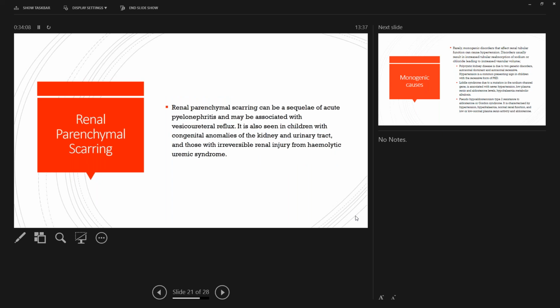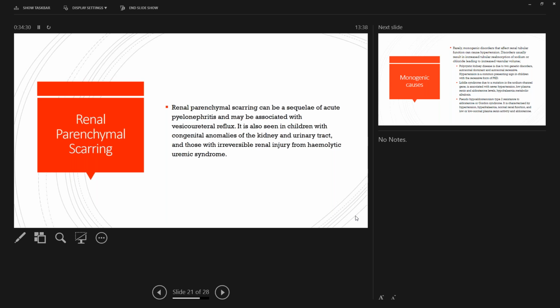So renal parenchymal scarring. Another linked issue with renal parenchymal disease can be a sequel of an acute pyelonephritis. It may be associated with things like vesicoureteric reflux. It can also be seen in children with congenital anomalies of the kidney and urinary tract.